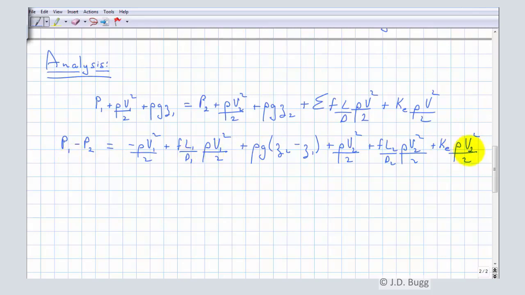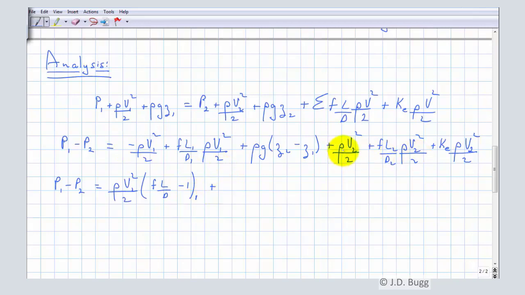So we can clean up the right-hand side of this equation a little bit. You'll notice that we have two terms here with rho V1 squared over 2 in them, so we'll be factoring that out. And we have three terms here with rho V2 squared over 2. So our pressure difference, put over here, I'll just say rho V1 squared over 2. So here we have FL over D, so that's that part, minus 1. And that's all in pipe 1.